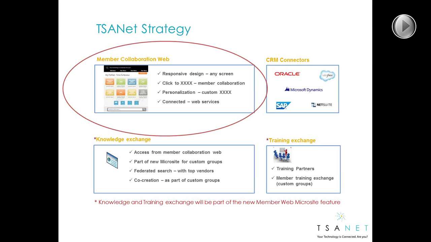The idea is to give everybody a mechanism to exchange knowledge about whatever that strategic group or partner program might be, as well as training. Maybe you want to post material about training for a particular set of products that has to do with your custom group. These are other initiatives that are part of the bigger picture. All of this is being worked on, and you'll see a lot of it come up in 2014.